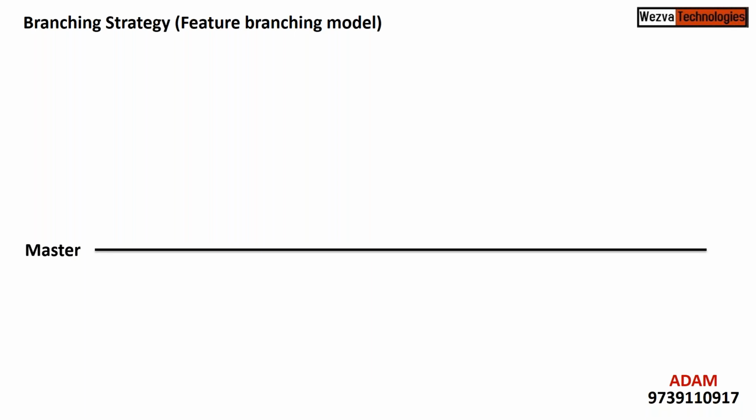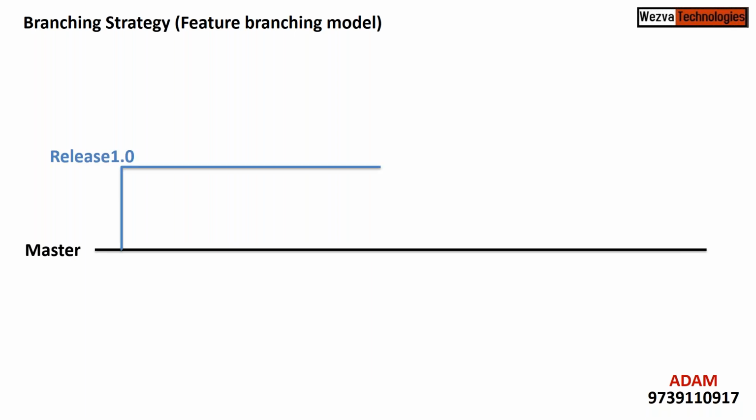So that is what we are going to do now: for every release, first find out how many features you are going to have, and based on that you are going to create several feature branches. If you are having multiple features being given in the same release, then how will it work?